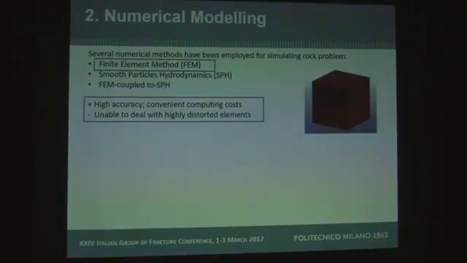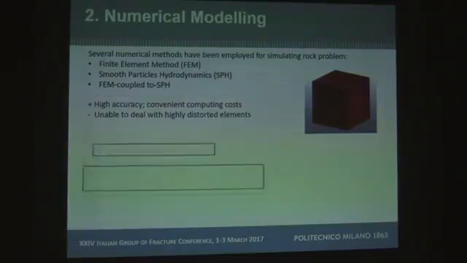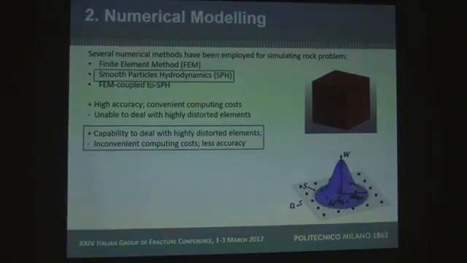The finite element method has high accuracy and convenient computing cost. However, the FEM usually is unable to deal with highly distorted elements. On the other hand, the SPH method is able to deal with highly distorted elements, but in comparison to FEM, it has less accuracy and is more expensive in terms of computing costs.